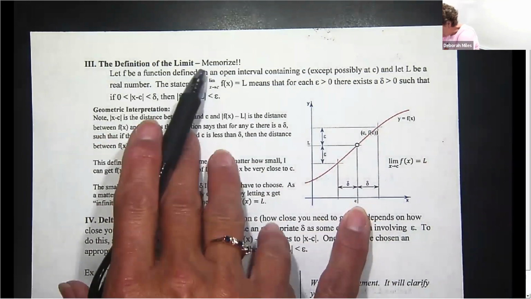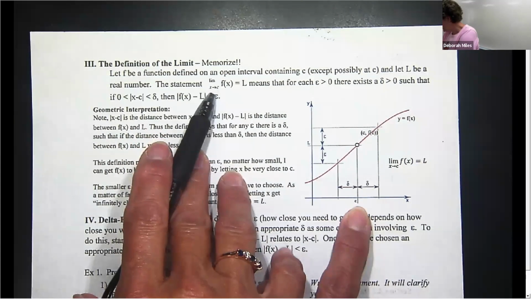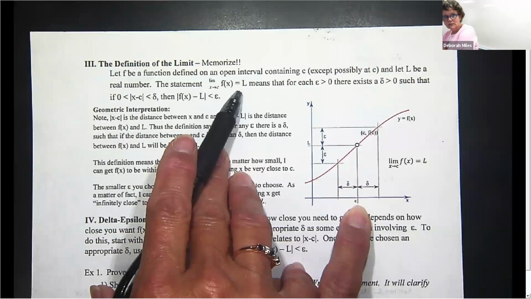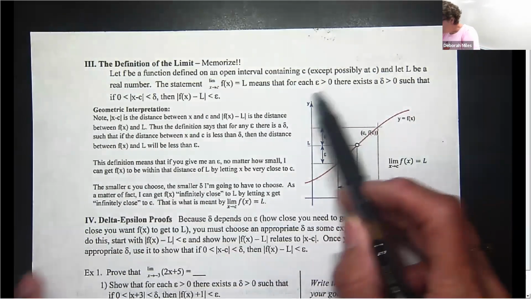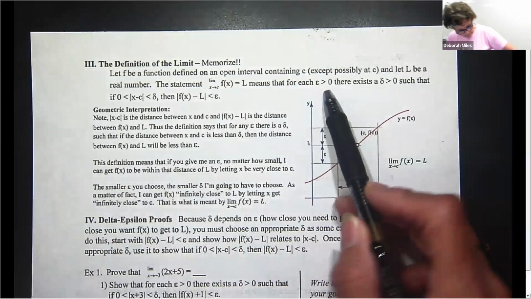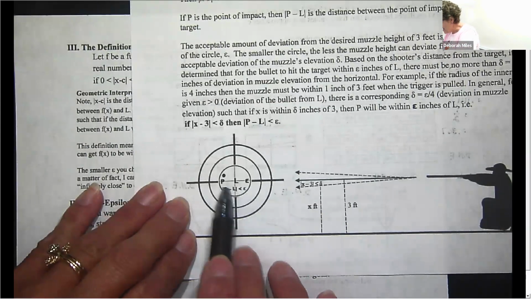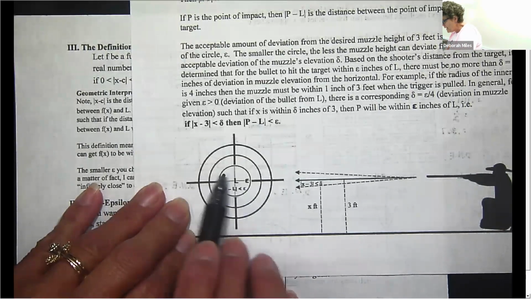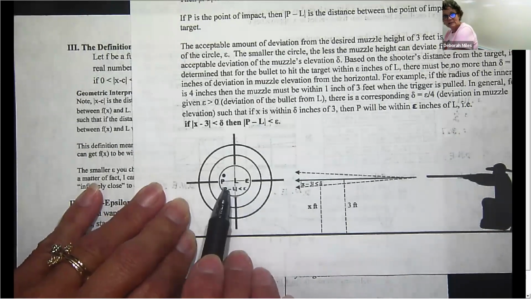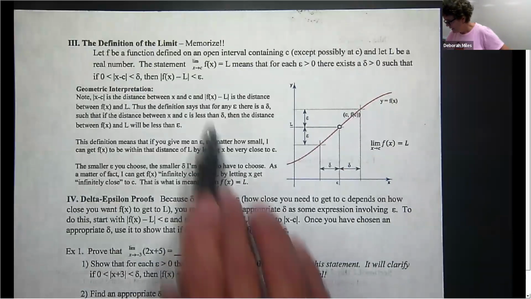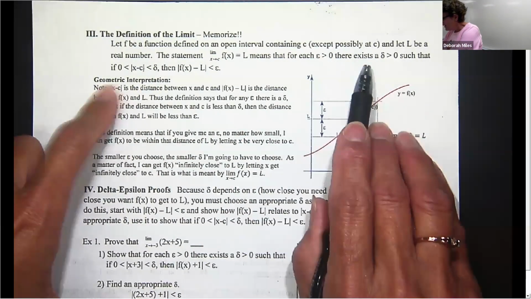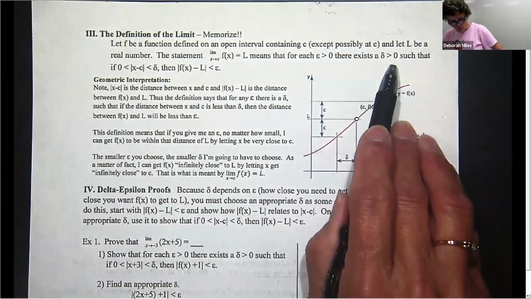When you say the limit as x approaches c of the function is L, that means for any epsilon greater than 0, with our target practice here, epsilon was the distance that P had to be within the limit. The distance between P and the limit had to be less than epsilon. And for every epsilon greater than 0, there exists a delta greater than 0.